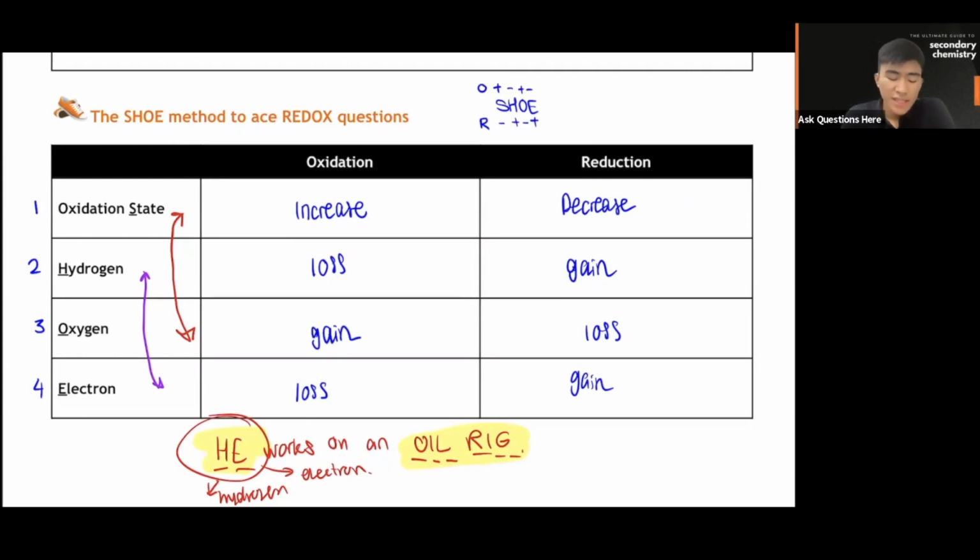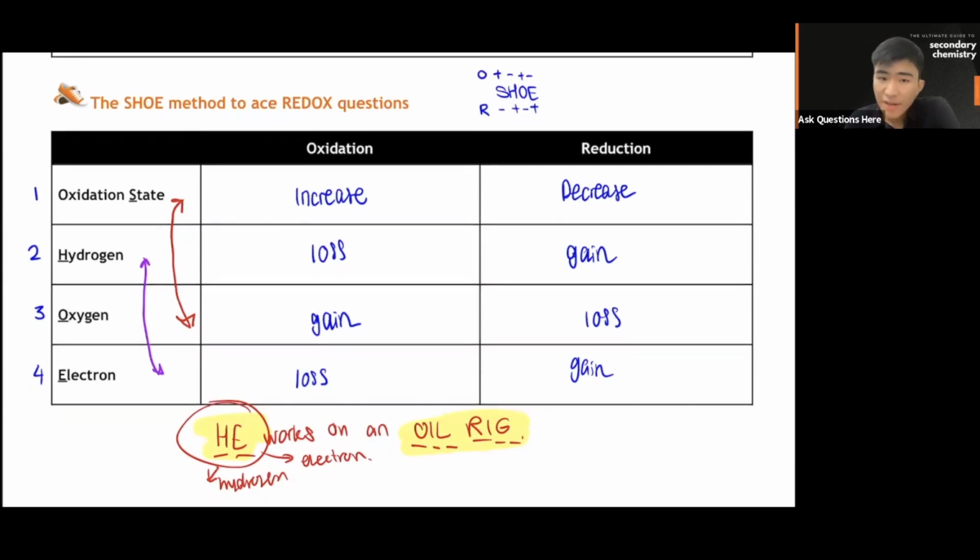Okay, so this part over here is simply a summary. Go back and take a read of this, as well as the pages of different types of factors, which are oxidation state, hydrogen, oxygen, and electron. These are the 4 factors that affect whether something is a redox reaction or not.